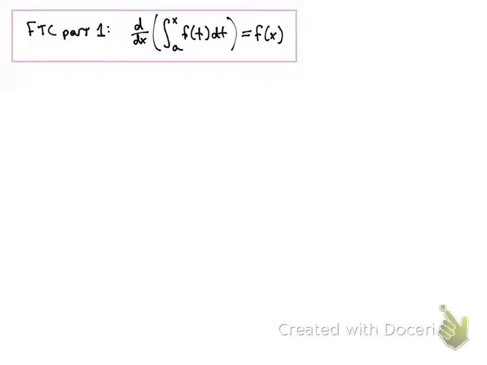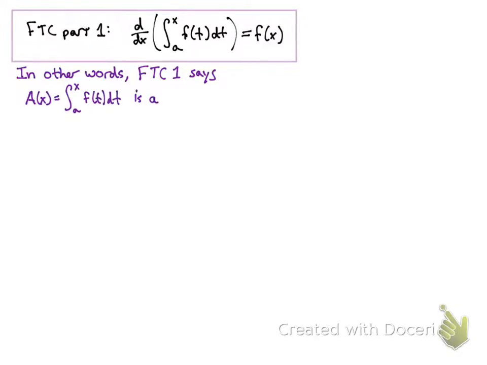But for right now, I want to think about what else this means, how else you can think about what this says. If the derivative of this thing is little f of x, the derivative of this thing is f. That means this thing is an antiderivative of f. This accumulation function is an antiderivative of f.